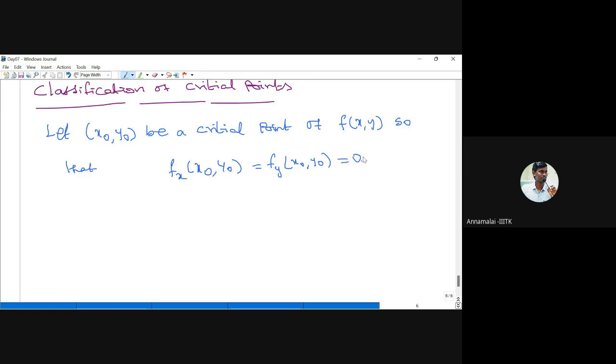We know this. Okay. Now assume that f has continuous second order partial derivatives.